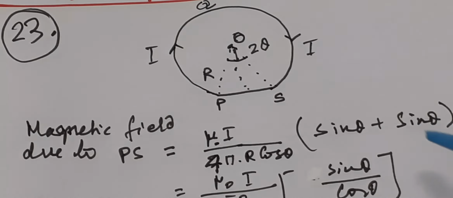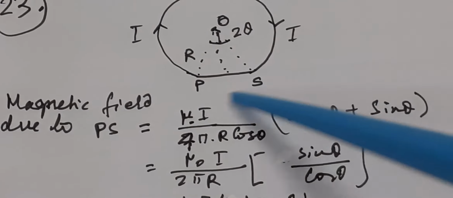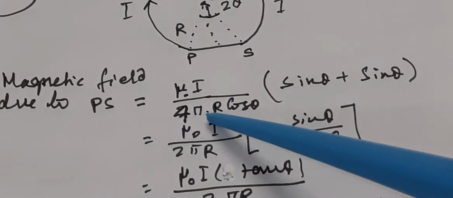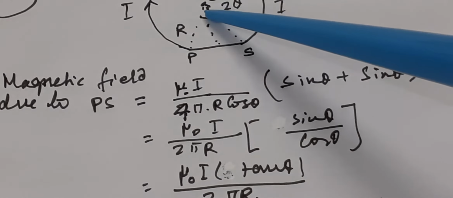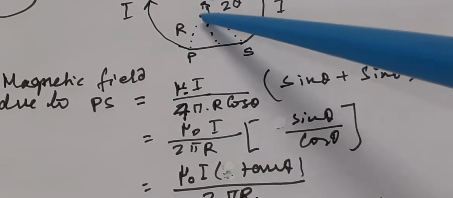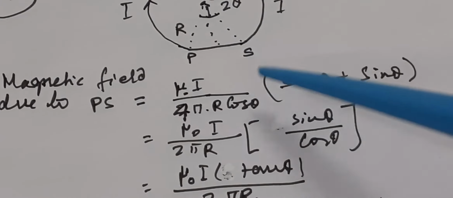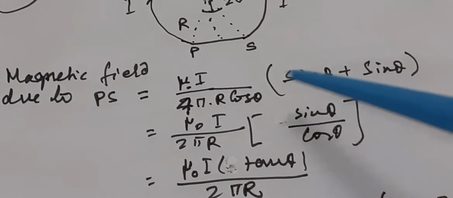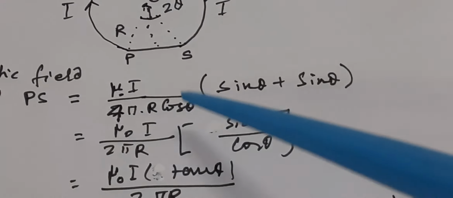Using this, simply we can get it. For the straight portion, SP will be how much? Mu naught I by 4 pi r, perpendicular distance is r cos theta, and each angle is theta, so sin alpha means here sin theta, and sin beta means sin theta, so it will give you twice sin theta, that means mu naught I by 4 pi r tan theta.